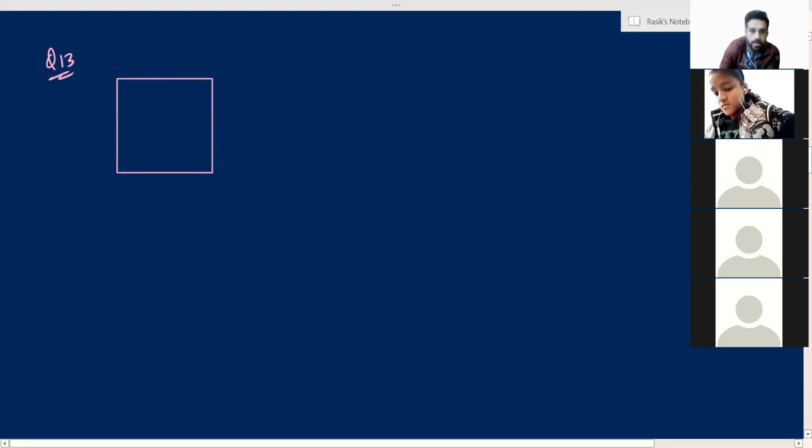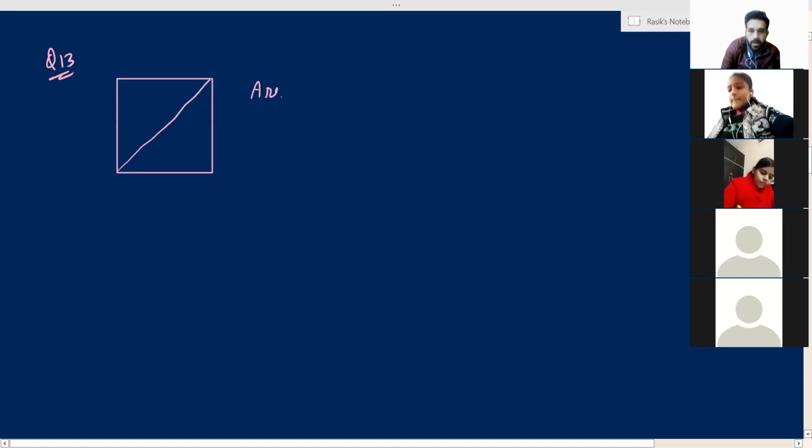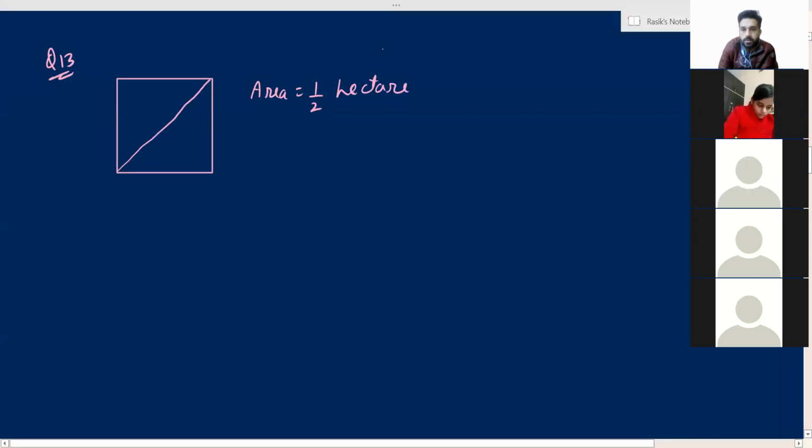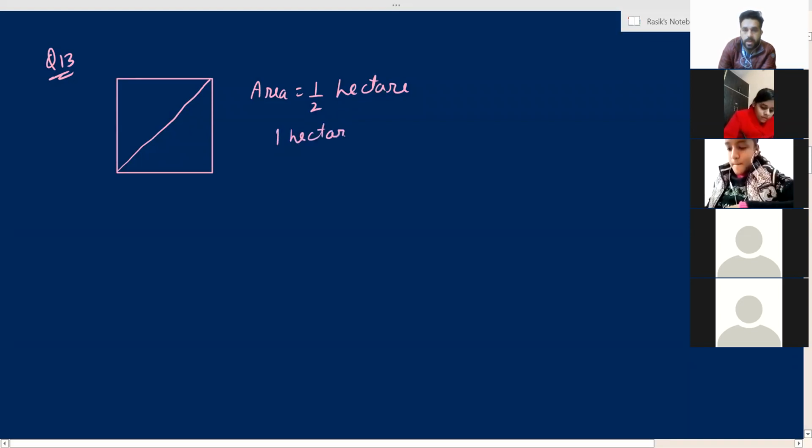So there is a square field. The area of the square field is given as half hectare. Hectare is also a unit of area. The relation between hectare and meter square is that 1 hectare is equal to 10,000 meters square.